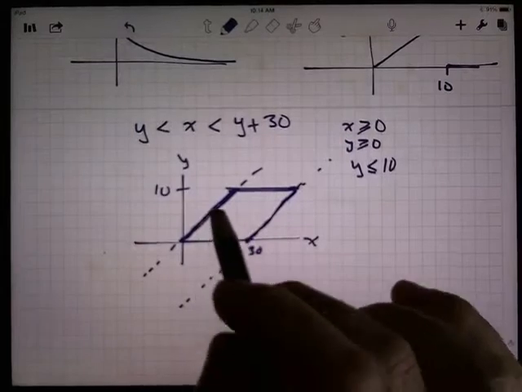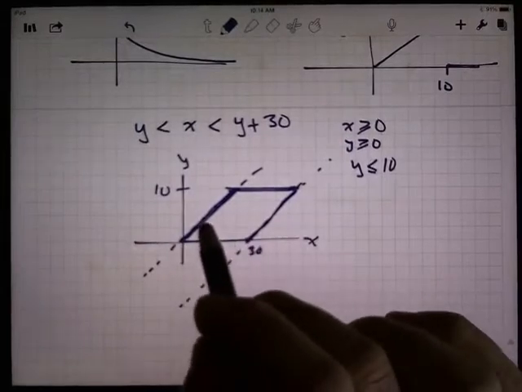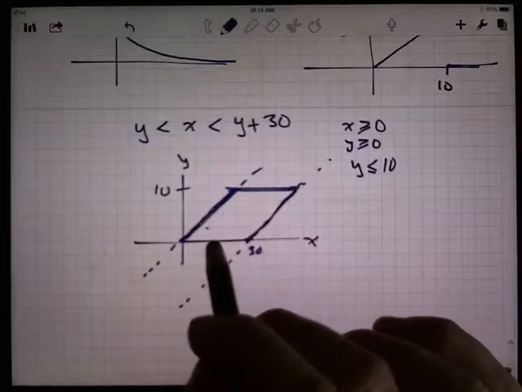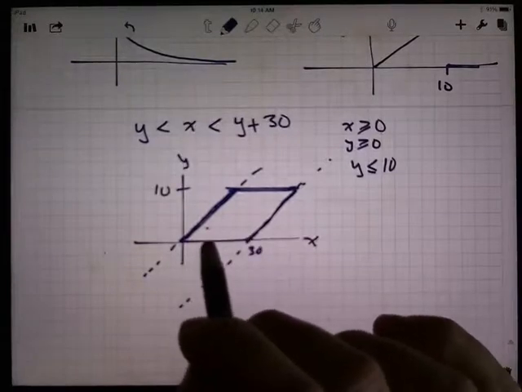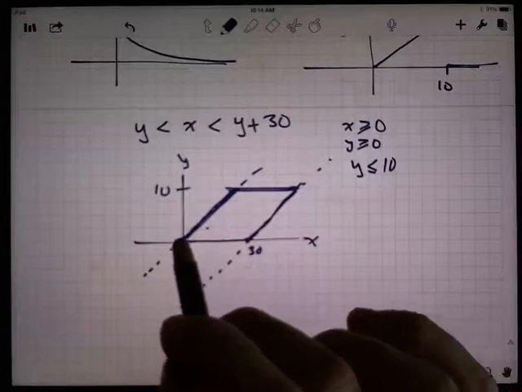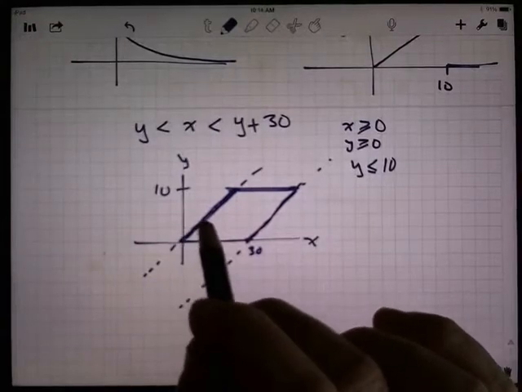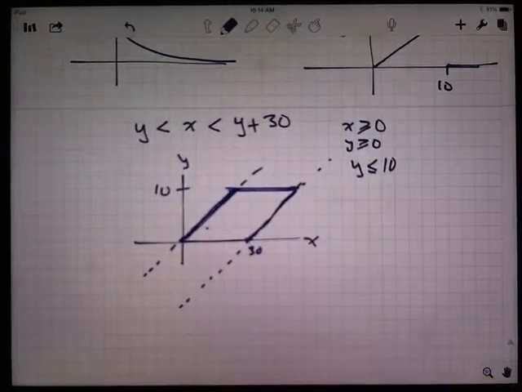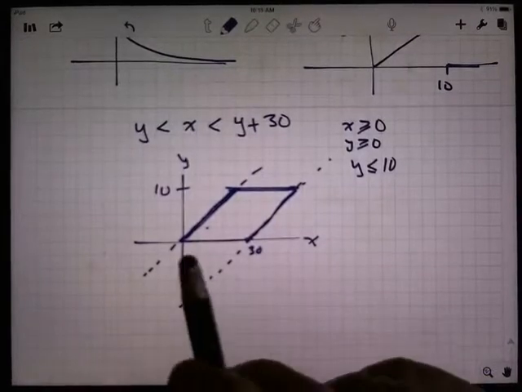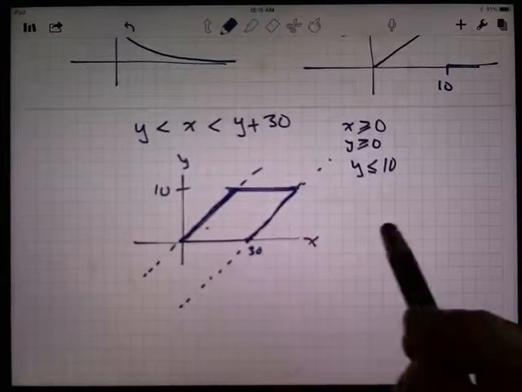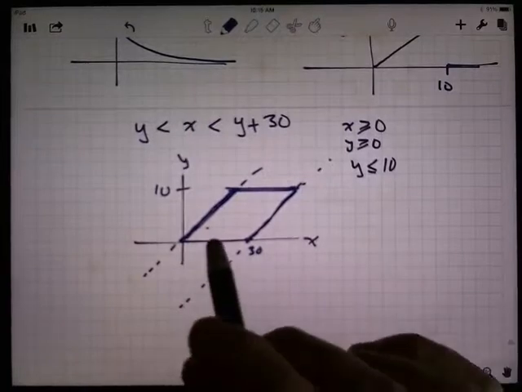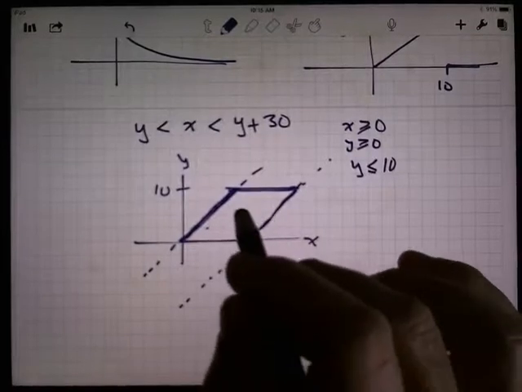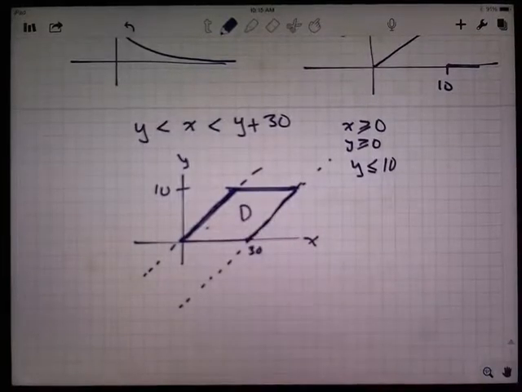A point here might be that Yolanda arrives 5 minutes after noon and Xavier arrives 10 minutes after, so Yolanda's sitting there waiting for him. She's only been waiting for 10 minutes and she'll wait for as much as 30. So this is the region where they'll actually meet. I want to know the probability of that region.